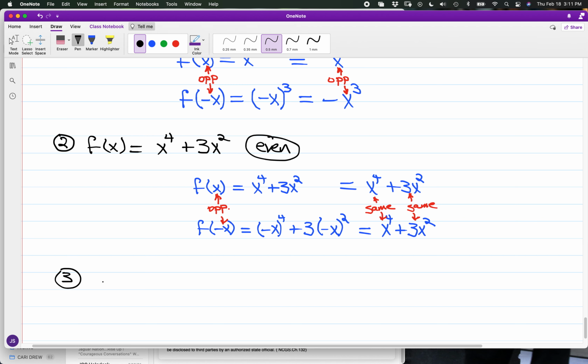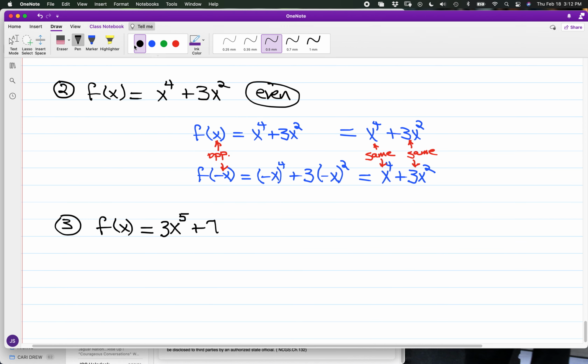I'll show you a case here. Let's say f of x is equal to 3x to the fifth plus 7.